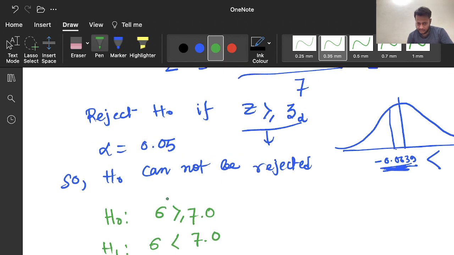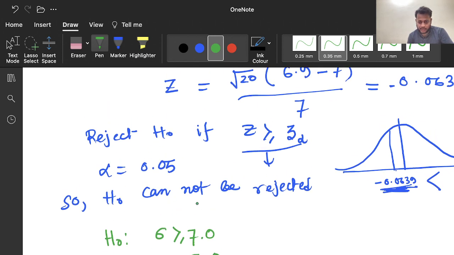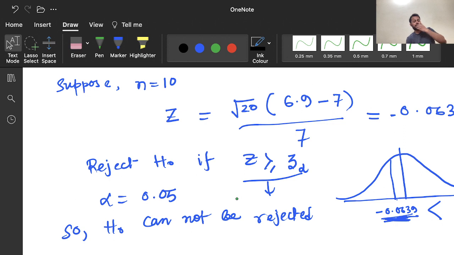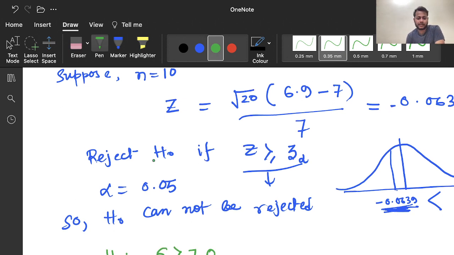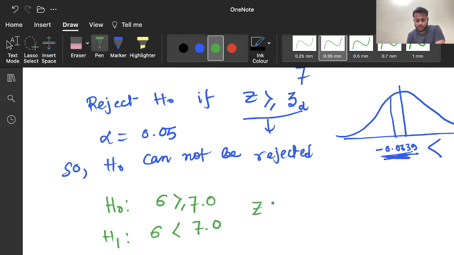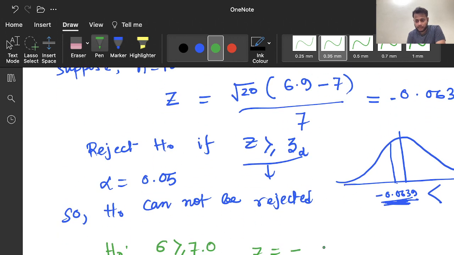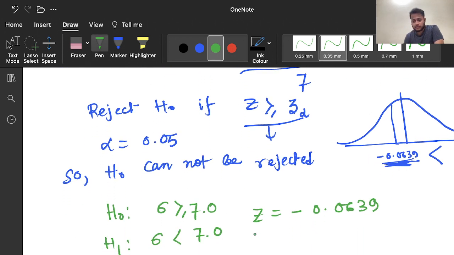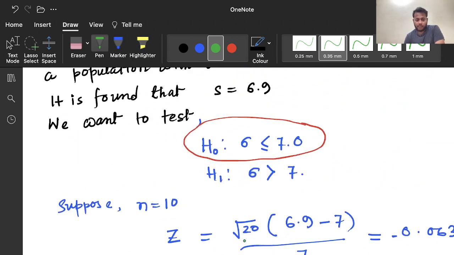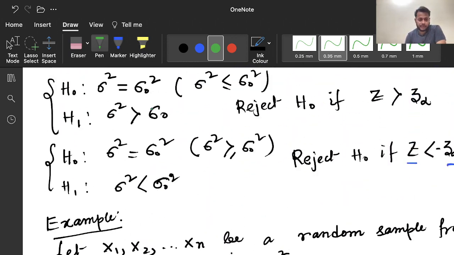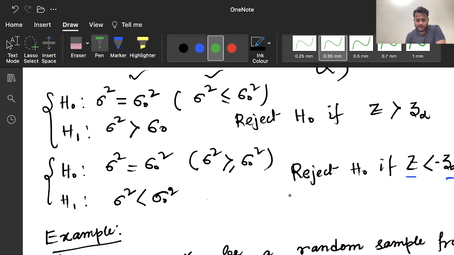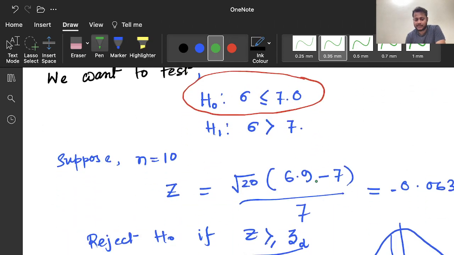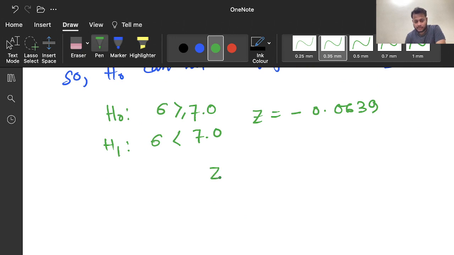Now here again, your test statistic will be the same. Z will be minus 0.0639. From these we know that we'll reject if z is less than minus z alpha.